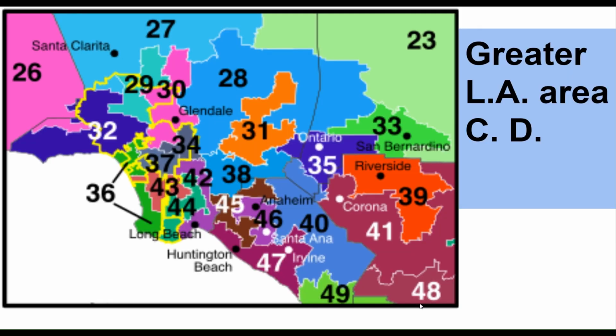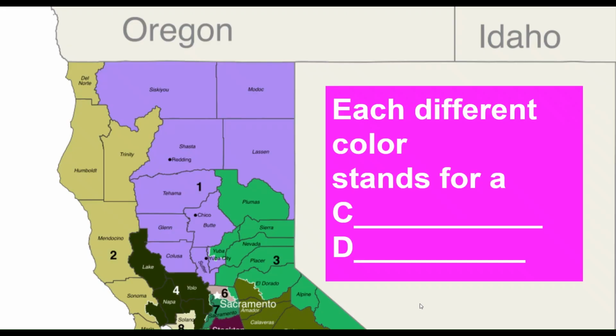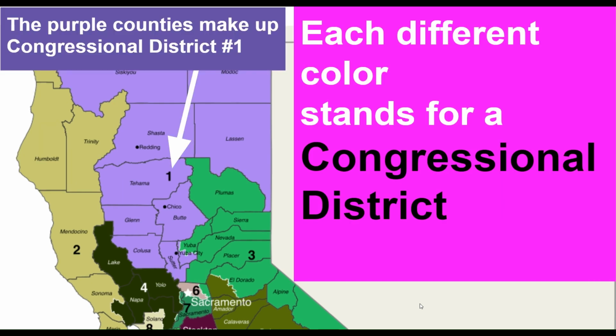Okay. Greater LA area, congressional districts. So in LA, they're just so close together that they got a zillion districts there. Each different color stands for a CD, congressional district.